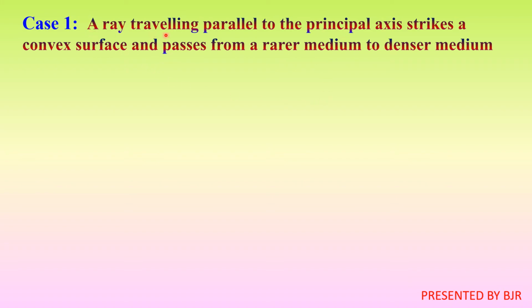A ray traveling parallel to the principal axis strikes a convex surface and passes from a rarer medium into a denser medium. Okay. This is case 1. So let us study the behavior of this ray.